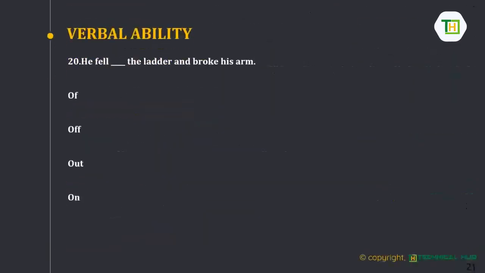Next question: he fell the ladder and broke his arm. There is a ladder, and this fellow was trying to climb it, and suddenly he lost his balance and fell down. Finally he broke one of his hands.